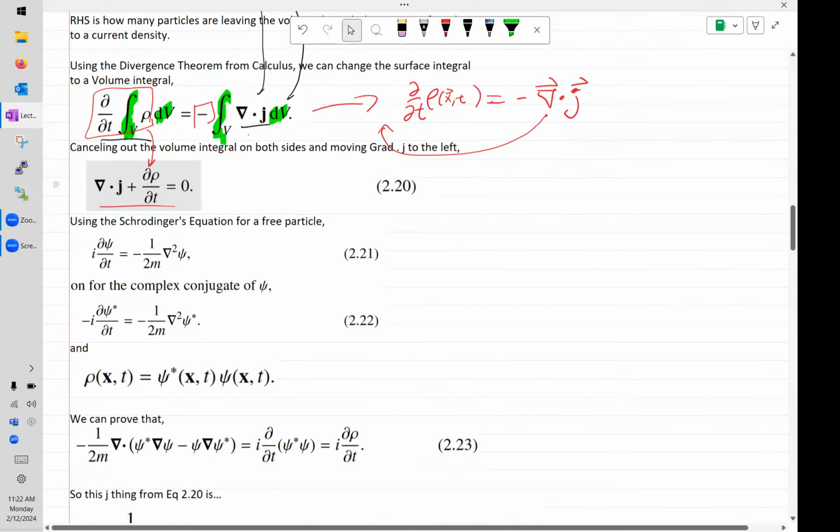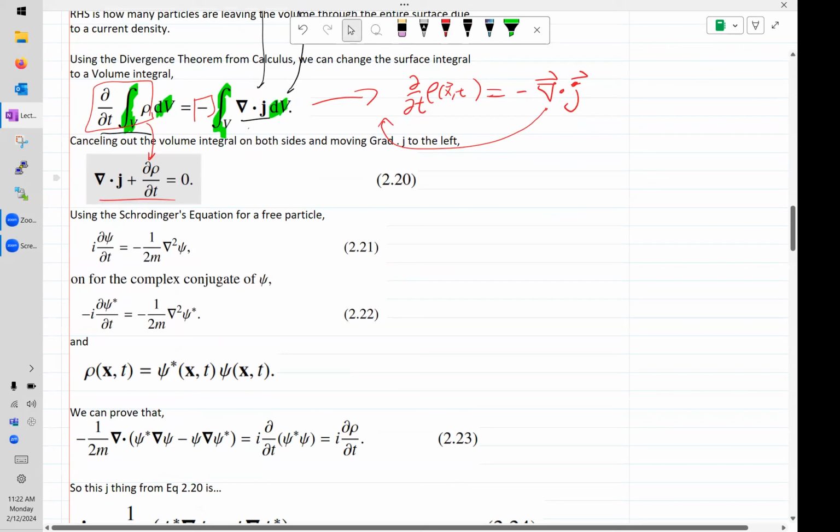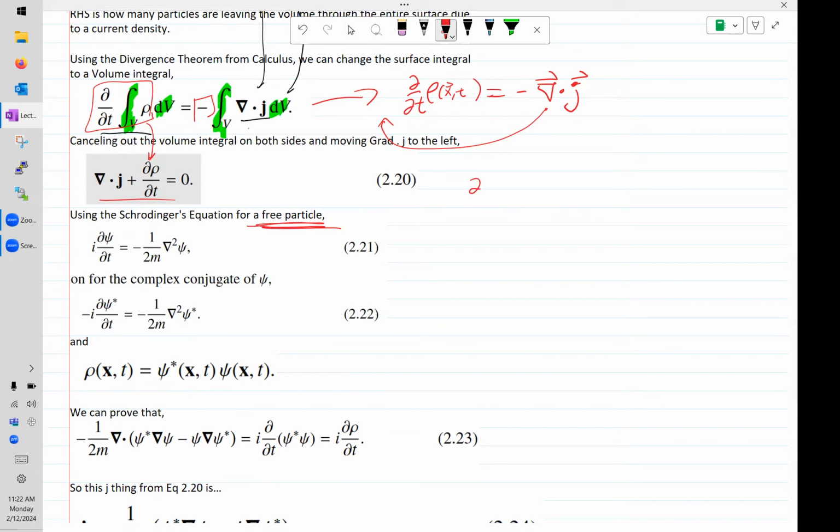Okay. So how does it help us interpret what's going on with the Schrodinger equation? Remember? So let's do the simplest example possible. Let's do a free particle. So remember the Schrodinger equation is that the time derivative of psi is equal to the Hamiltonian acted on the psi.